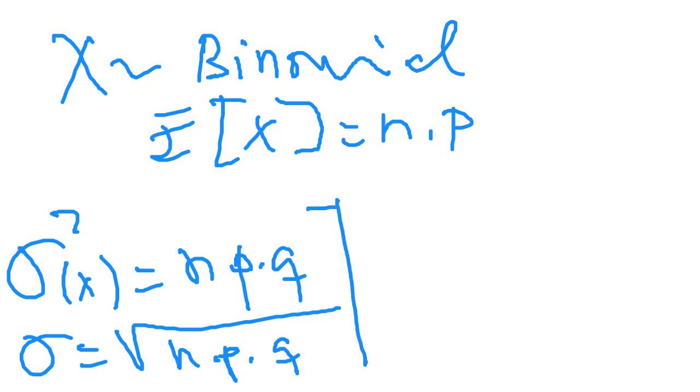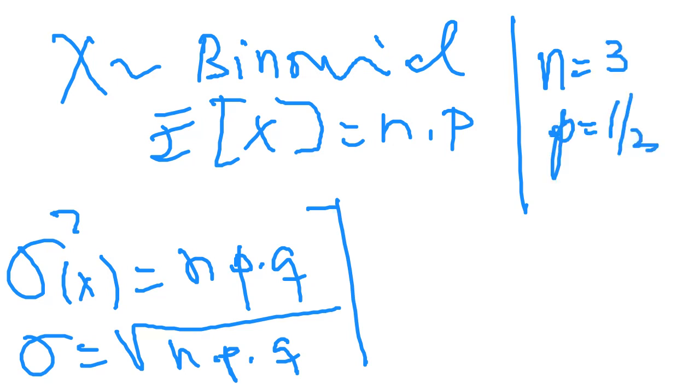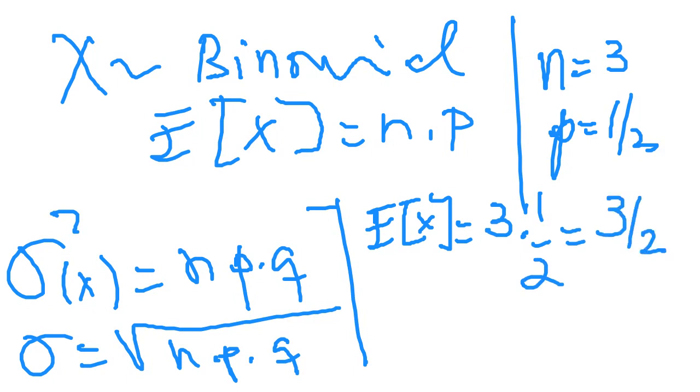Because we know that n is equal to 3 and p is equal to half, we also know that the expected value is 3 multiplied by a half, which is 3/2. This was the one we got before.